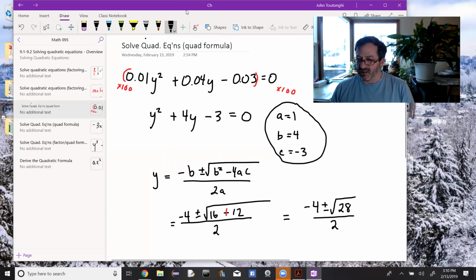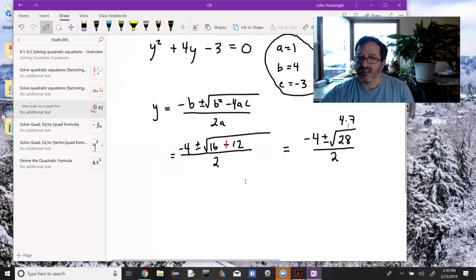I can't just cancel this 2 into this 4 yet. I first need to reduce this root, recognizing that 28 is 4 times 7. And then come back over here. Negative 4, reducing that root, I'm going to get square root of 4 is 2 times the square root of 7, divided by 2.